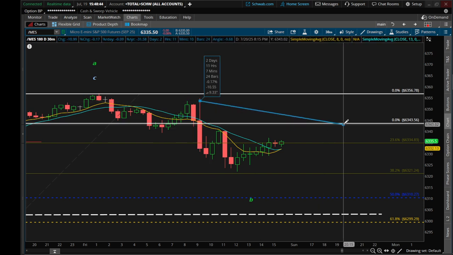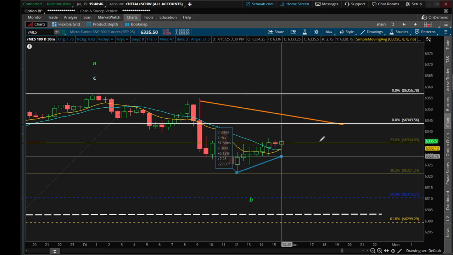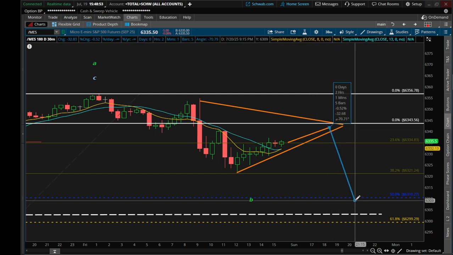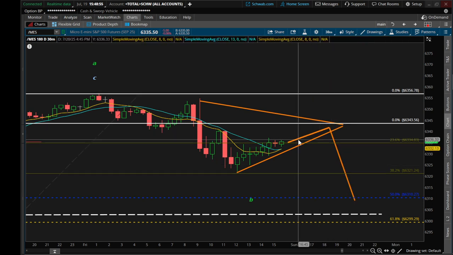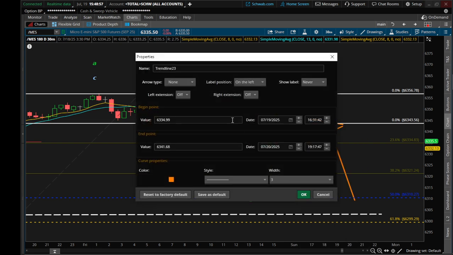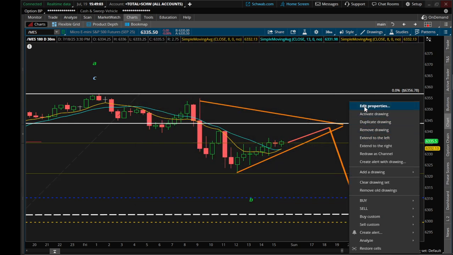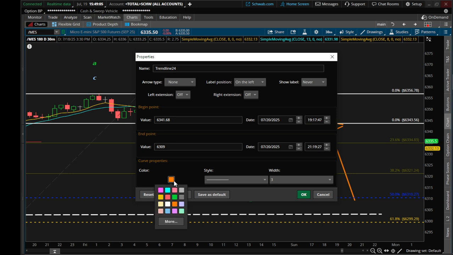That's one case. And then with that triangle, we go here and break down to there. So that's the bear scenario.